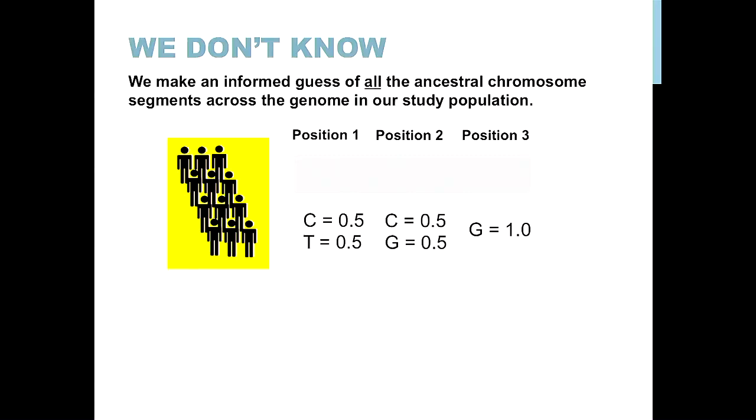Okay, so to identify the ancestral segments among positions 1, 2, and 3 in our study population, we first have to establish the combination of variants we would expect to see if each position was inherited completely independently. So let's figure out what combination frequencies we should expect to see if all 3 of these positions were inherited independently, given the frequency of the variants in our population.